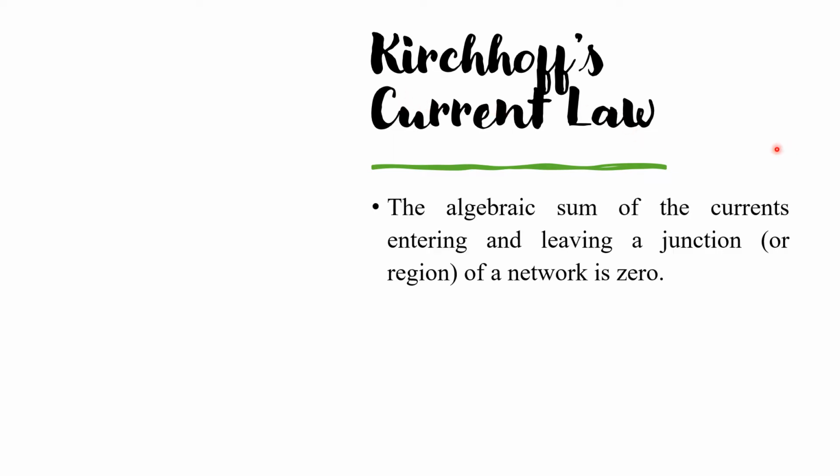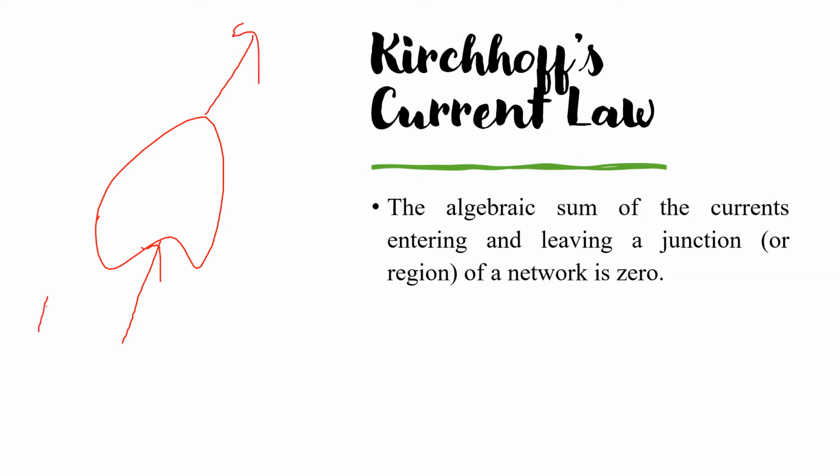Kirchhoff current law states that the algebraic sum of the current entering and leaving a junction or a region of a network is 0. For example, if we have this region, or we say that this is a network or a node, the current entering the node is equal to current leaving the node.